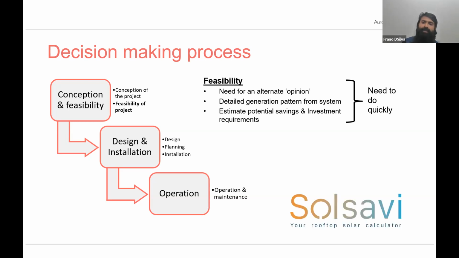This is where we introduce the tool Solsavi. We try to fill the gap here where we could provide the engineer with an alternate opinion, with some details of how this solar system would behave after installation, and also give an idea about the potential savings that could be incurred for 25 years and the investment required to have the solar system put in place.